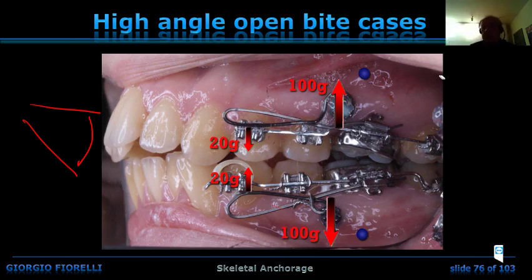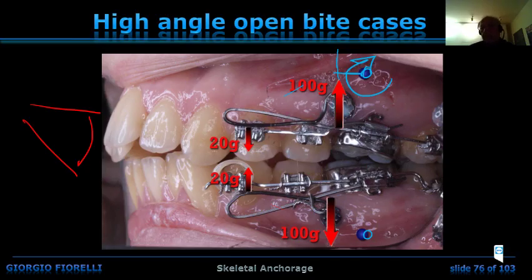But the problem is that it's very likely that your force is passing mesial to the CR. So this means that you are not really just intruding these teeth, but you are producing a moment like this.